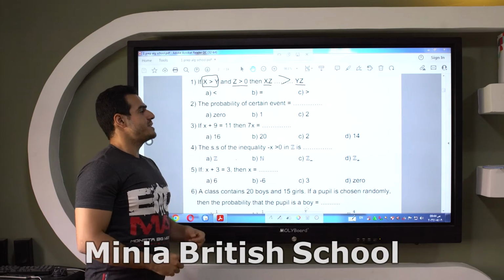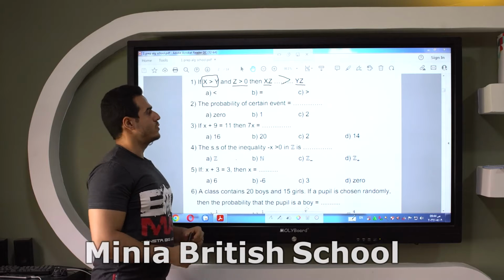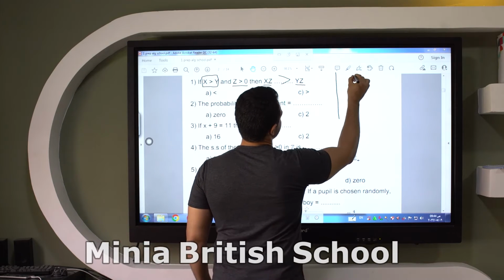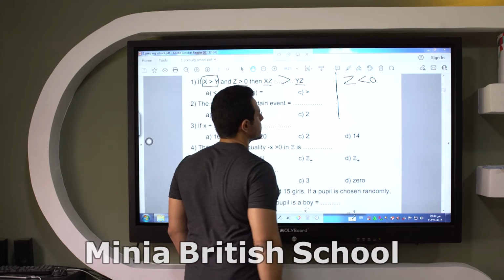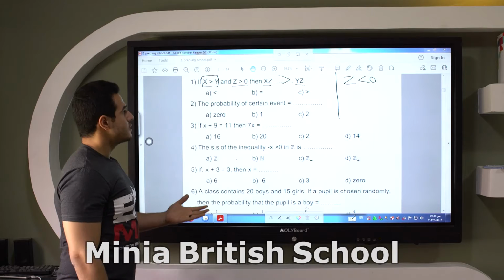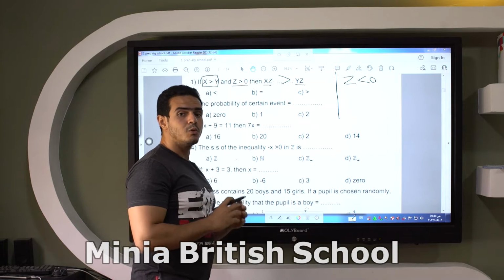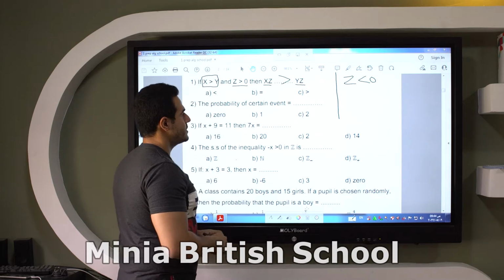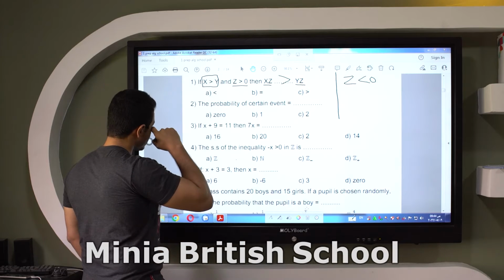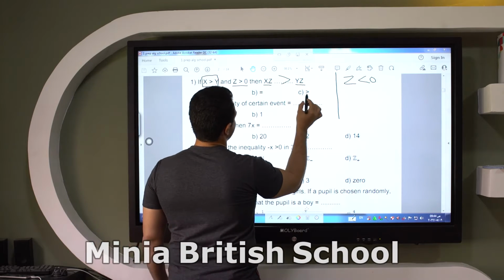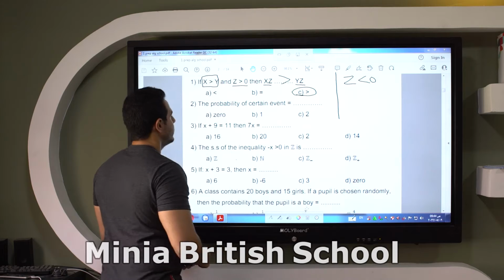But if z is less than 0, this number is negative. So with negative numbers, the greater number becomes smaller than the smaller number. Okay? So this one will be greater than.